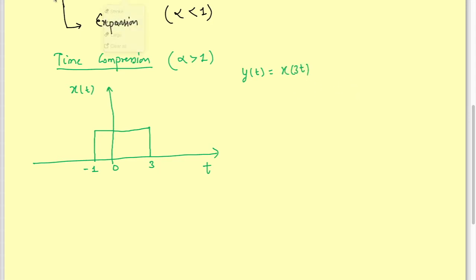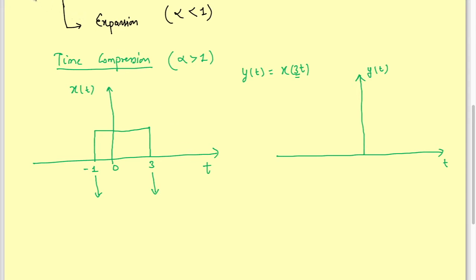So my signal y of t will look something like this. This is my time axis t, this is my y of t. What I will do here is divide these points by this parameter 3.